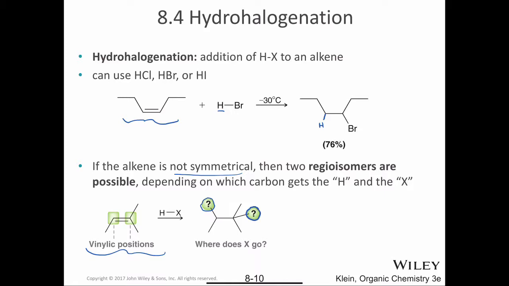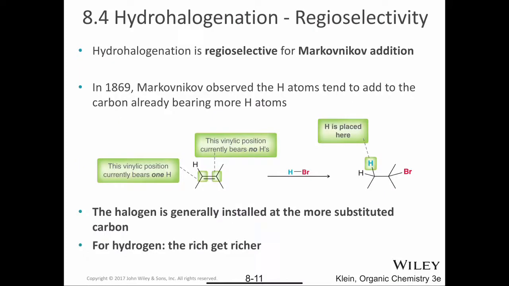Does it go to this position here, or this position here? There's a pretty easy way to remember which carbon is going to take the hydrogen and which one will take the halogen. Hydrohalogenation is regioselective for what's called Markovnikov addition. A long time ago, Markovnikov observed that the hydrogen atoms tend to add to the carbon already bearing more hydrogen atoms.